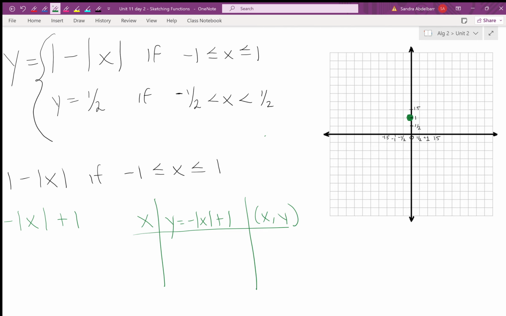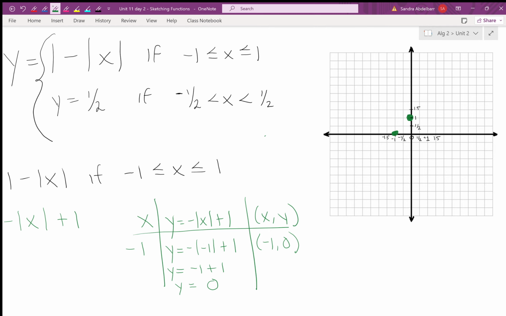Okay, so we're between negative 1 and positive 1, so let's see what happens at negative 1. y equals the negation of the absolute value of negative 1, plus 1. The absolute value of negative 1 is positive 1. The negation of positive 1 is negative 1, plus 1 is 0. So this is the point negative 1, 0, and we're a closed circle right here.